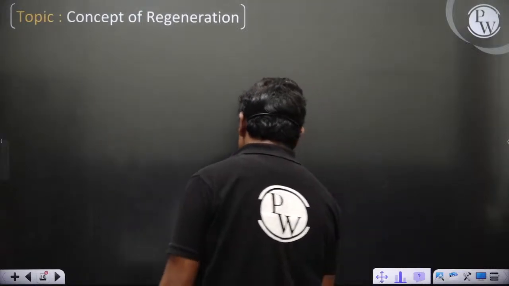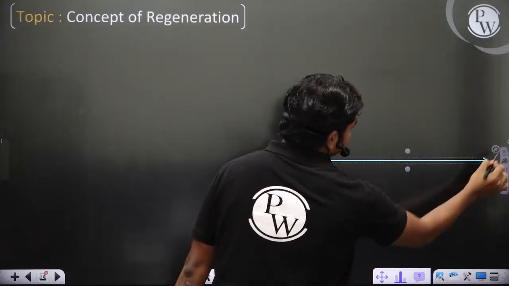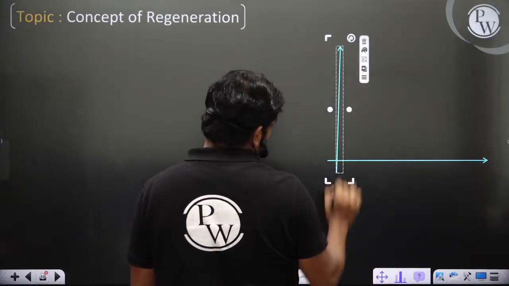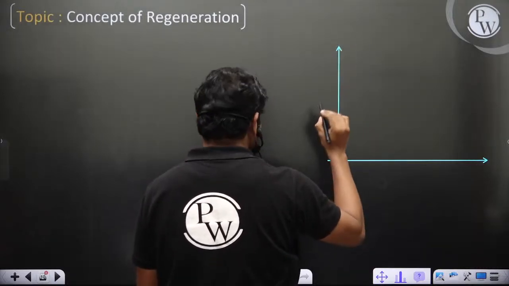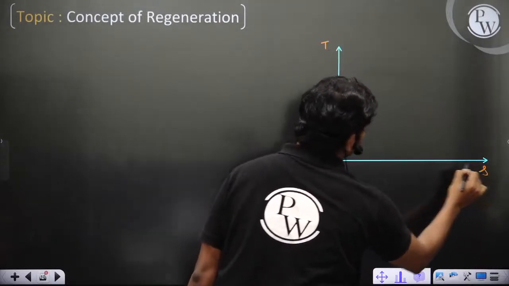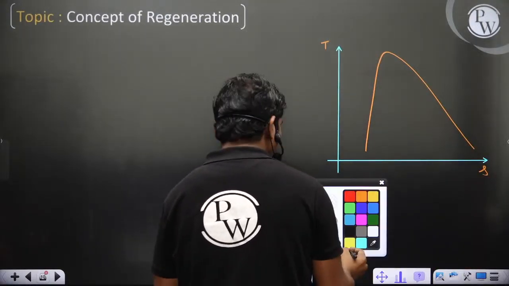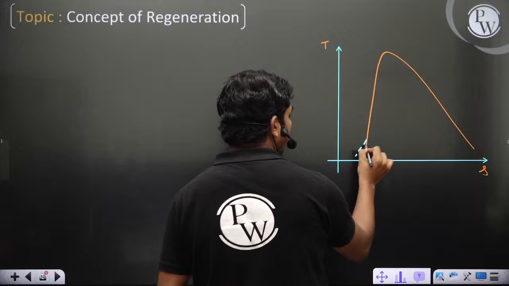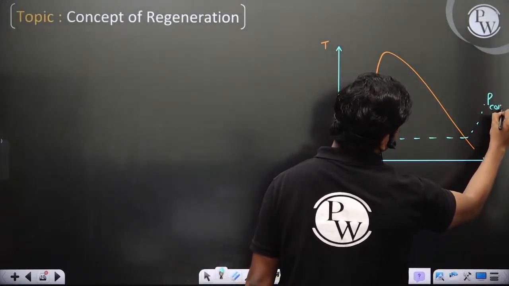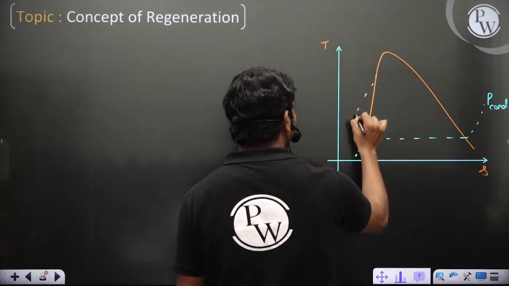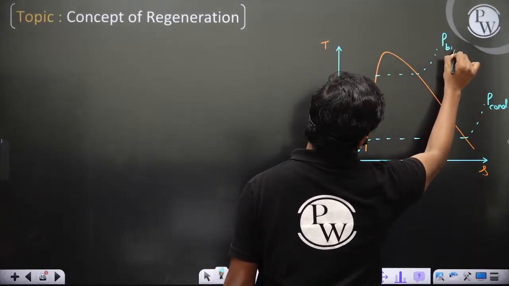Okay, first the TS diagram, and you have a graph. You know, we have one condenser pressure, P condenser, and also you have the boiler.